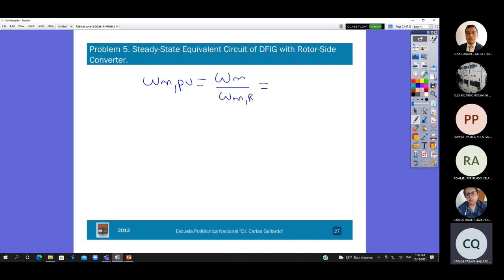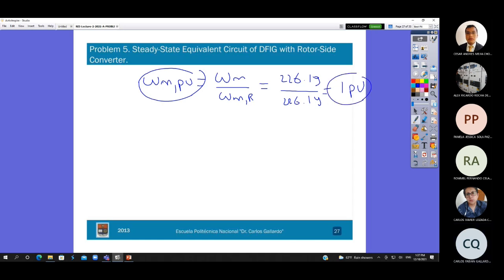In this case we have the same values, so 226.19 over 226.19. Therefore, the speed ratio, the per unit value, is 1 per unit. This is the factor for estimating the new torque at the new speed. In this case it is 1. So, the generator mechanical torque at 1 per unit rotor speed.